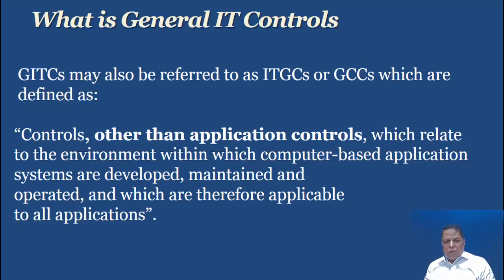These are the controls on which the application is residing. This is the infrastructure on which the application is sitting. So again, to rephrase this, the controls on the infrastructure on which the application is residing are called general IT controls.